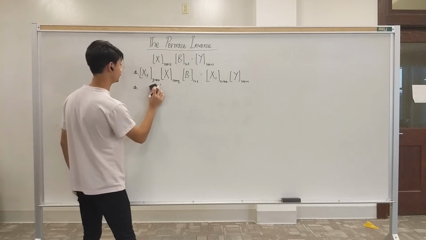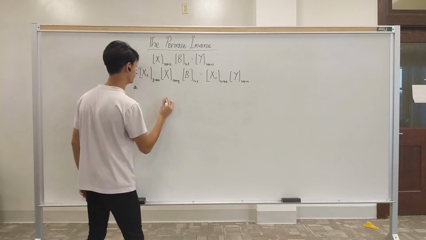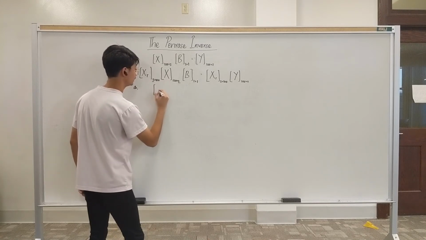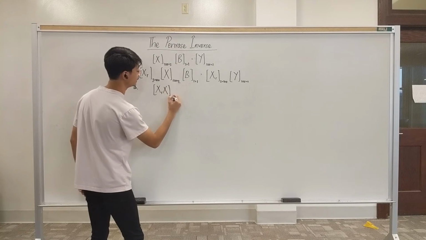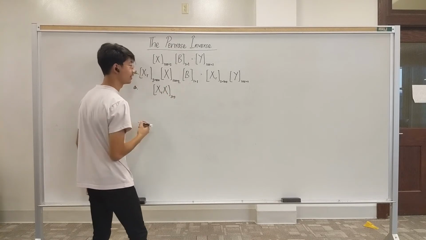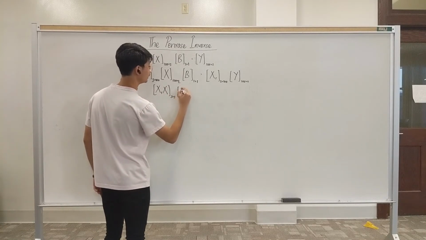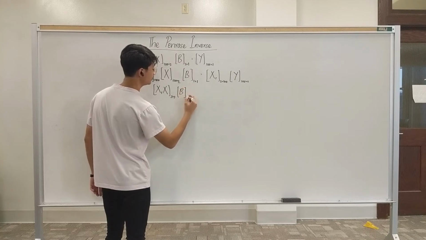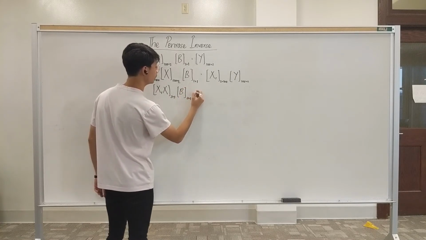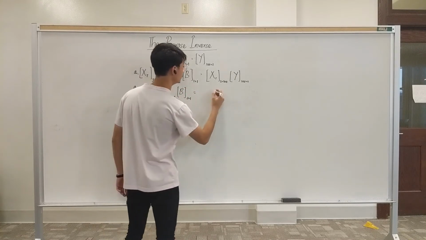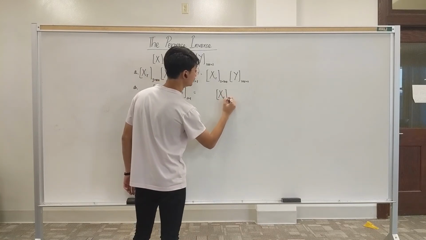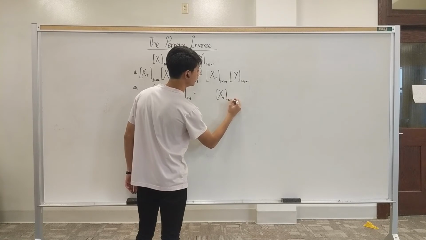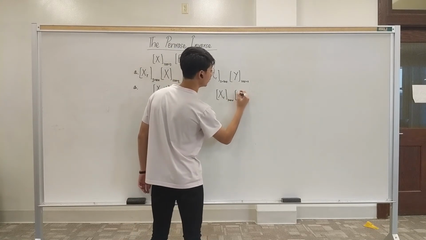So I'll go ahead and rewrite it. The transpose of x times x matrix is going to be of dimension 3 by 3. And then we have our variable matrix 3 by 1, which is equal to the transpose of x times the y matrix.